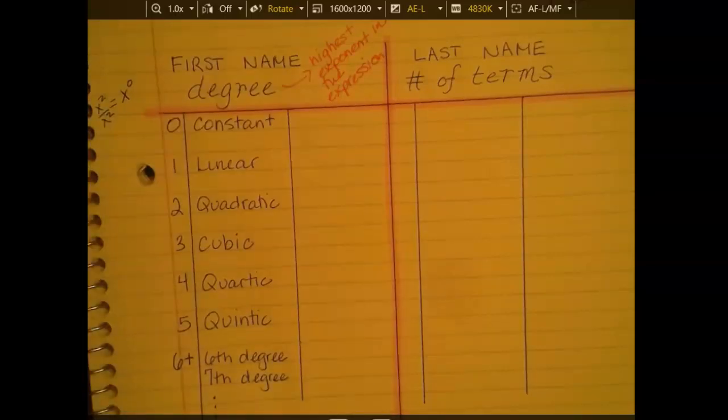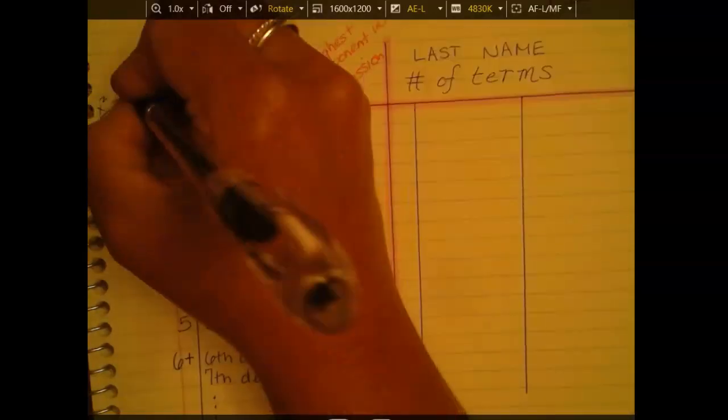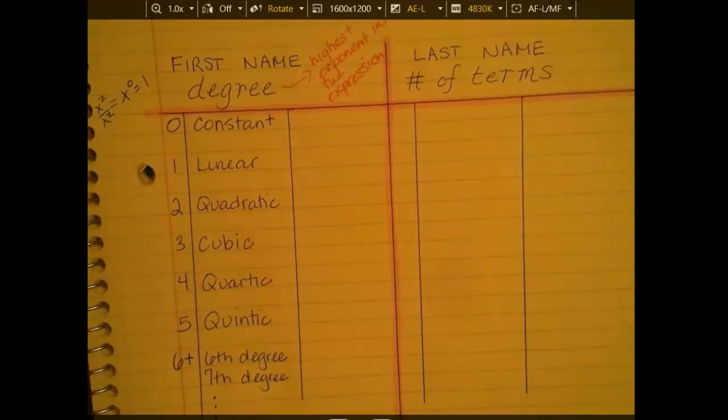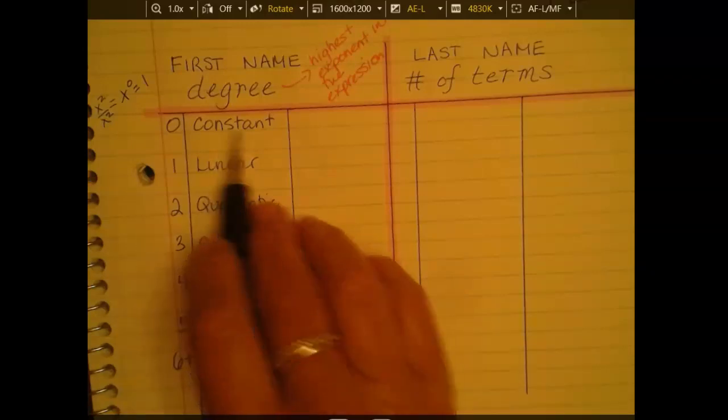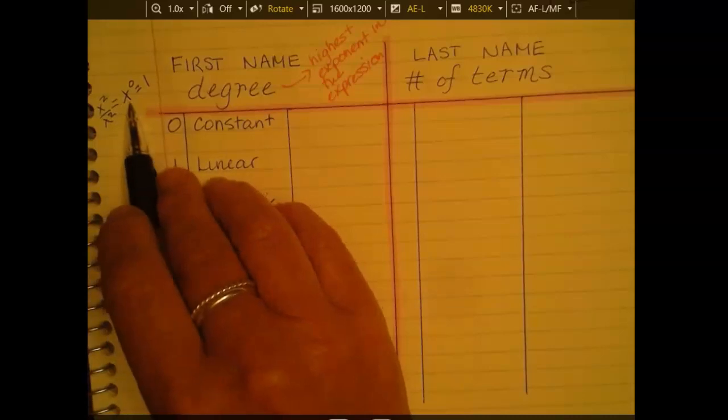And so what did x to the 0 power always equal? When it's the same on the top and the bottom, it equals 1, right? So when you have 0 as your exponent with a variable, it makes the variable disappear because it turns it into a 1. So in a constant, there is no x because essentially the x has changed into a 1, right?